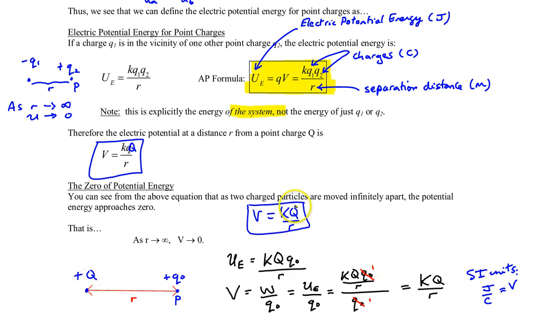And note that you can have positive, negative, or zero potential. If you have a negative Q, you'll have negative potential, which means you had to do negative work in moving that test charge over to here. And also, just like electrostatic potential energy, when R approaches infinity, the electrostatic potential is 0.